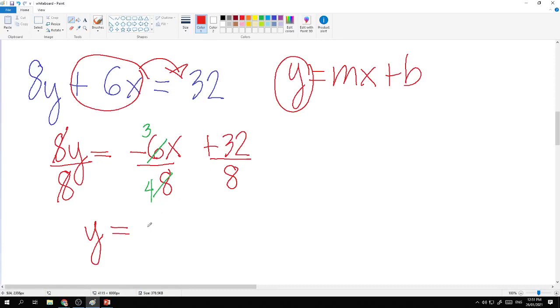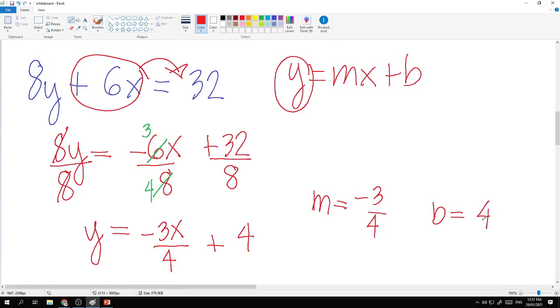This is -3x over 4 plus 4. Okay. So what's the value of the slope? -3 over 4. What about the y-intercept? 4. There you have it.